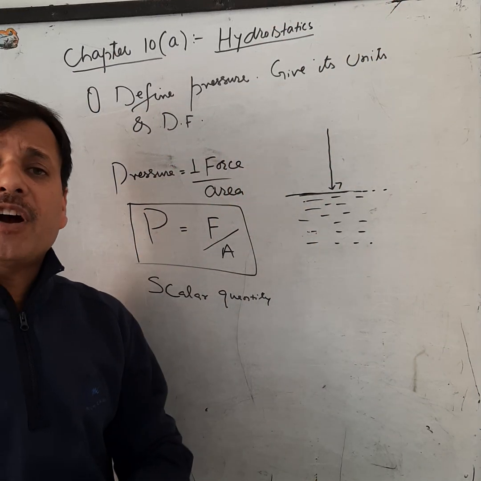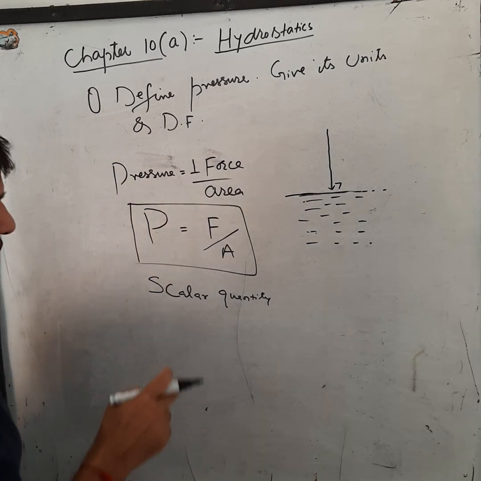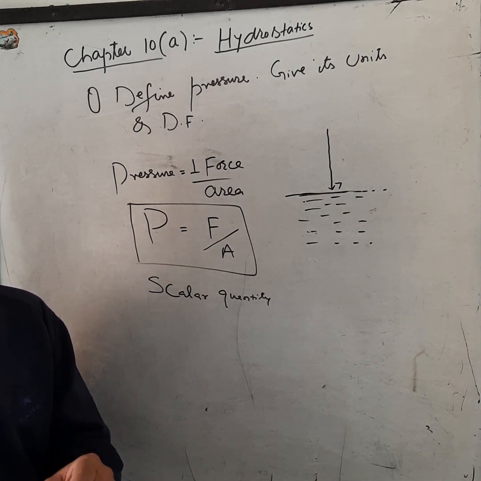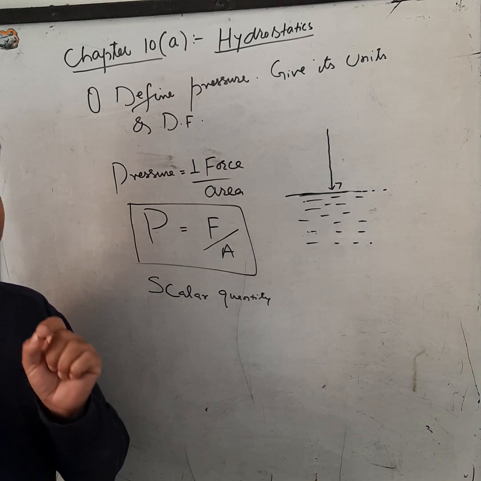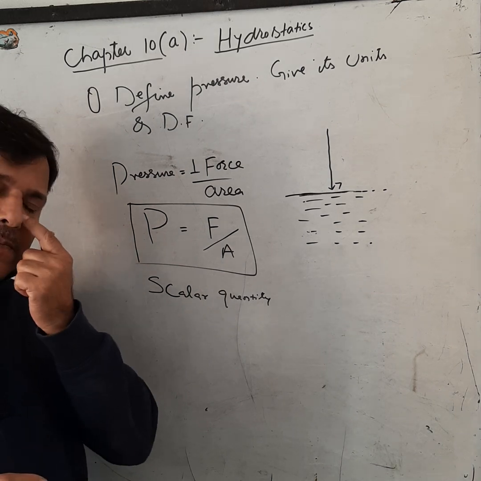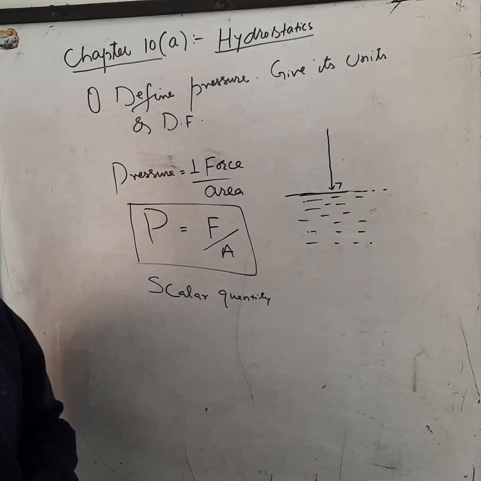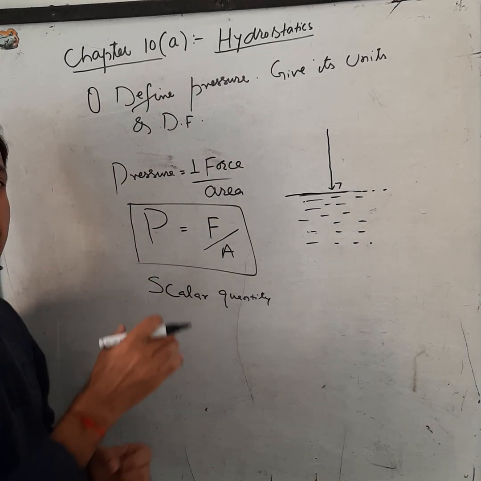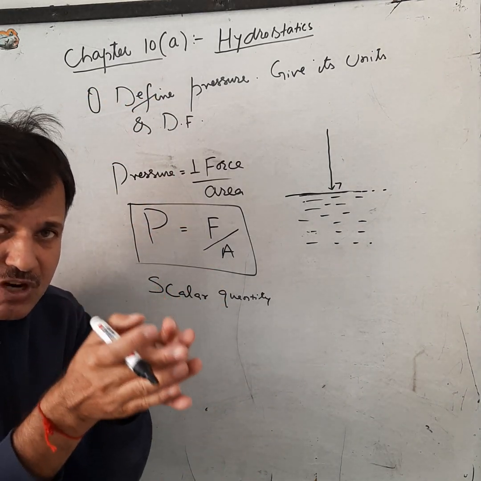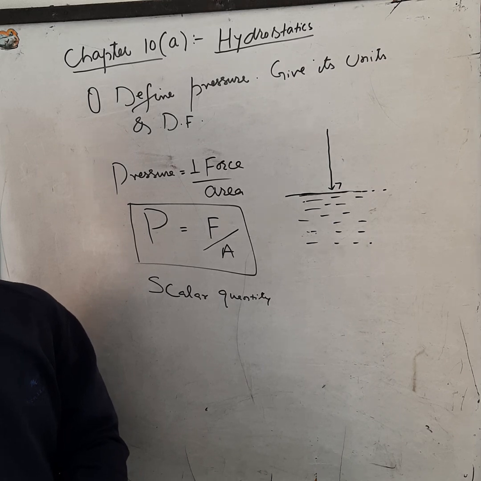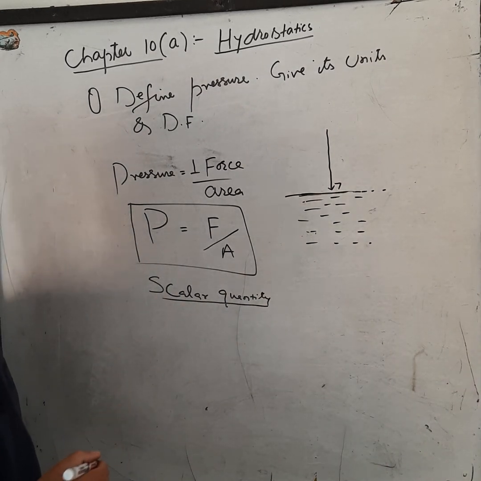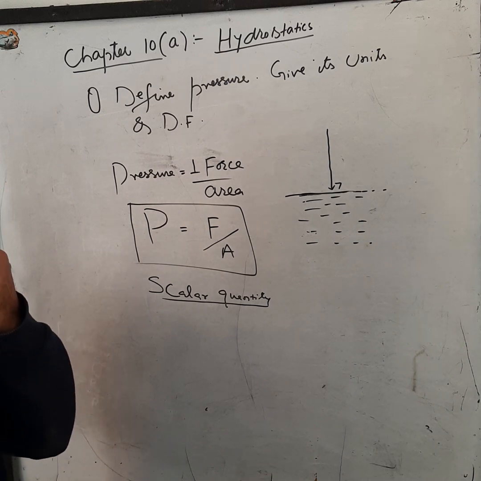It does not have any preferred direction. That is why it is called a scalar quantity. Otherwise, we applied force in a particular direction, but when we exert force on some area, pressure is transmitted equally in all the directions. Therefore pressure is a scalar quantity, not a vector quantity.